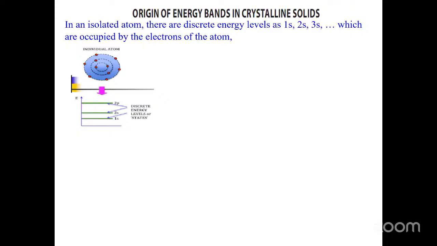The first shell is the K shell, the second is the L, the third is the M, and the fourth is the N: K, L, M, N, like that. What is the maximum number of electrons that can be occupied in a shell? 2n square.